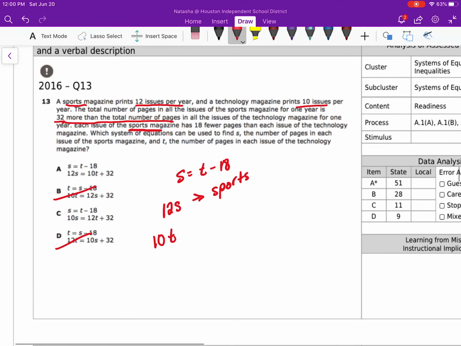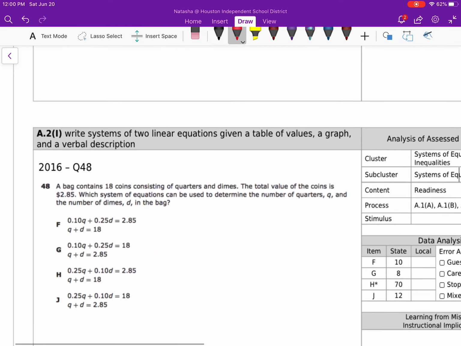The total number of pages of the sports magazine is 32 more than the technology, so that means 12S is going to be equal to 32 plus 10T. So that gives us our answer choice A.